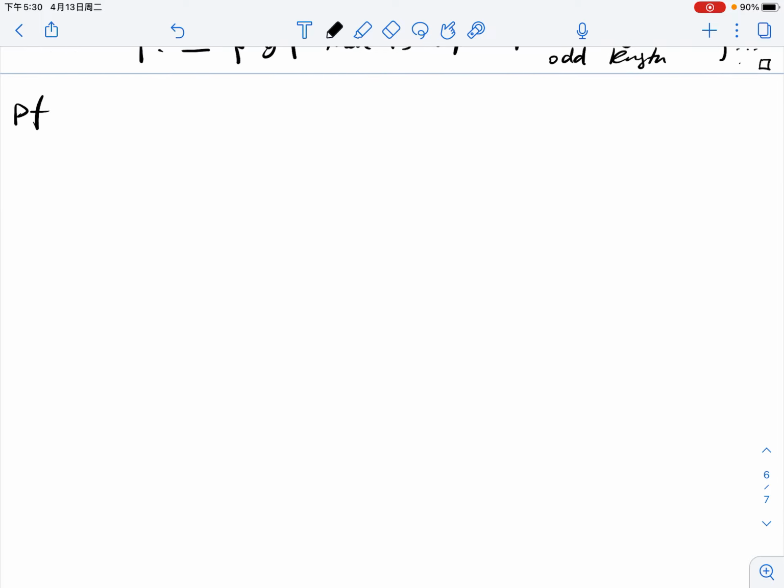Okay, now we turn back to the theorem. Recall that the theorem claims if the chromatic number is 2, then G is a bipartite graph. So we first prove one direction.